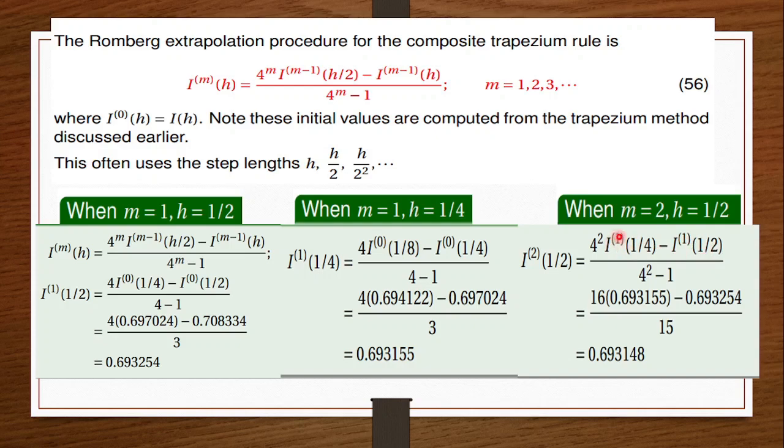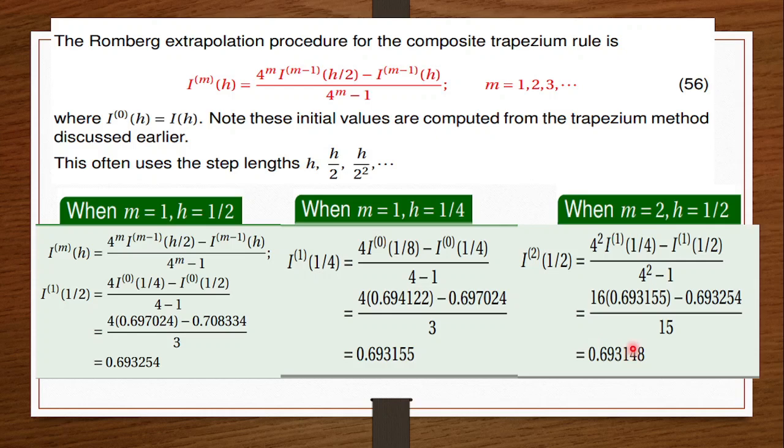We know the value for I1 1 on 4, which we had over here. So you can pick this value and put it over here, times 16, minus I1 1 on 2, which we have the value here. We put that value also here, divided by 15, and we are going to get this value.